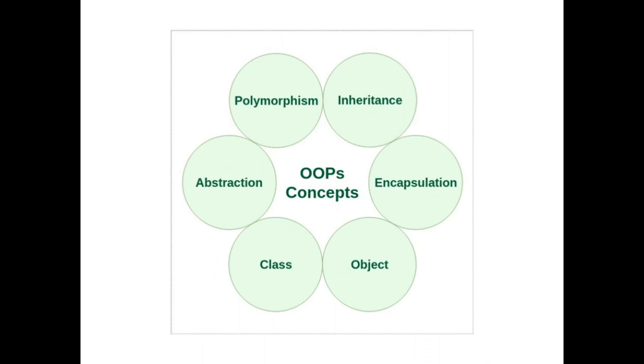So let's talk about abstraction first. What does it mean? An important element of object-oriented methodology is abstraction, and abstraction allows you to use a complex system without being overwhelmed by its complexity.